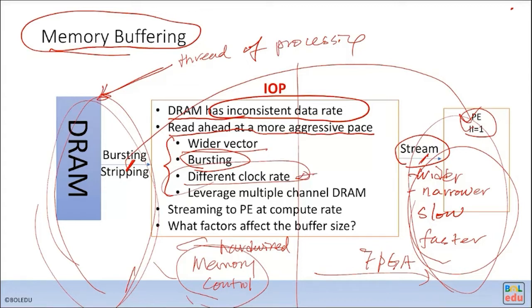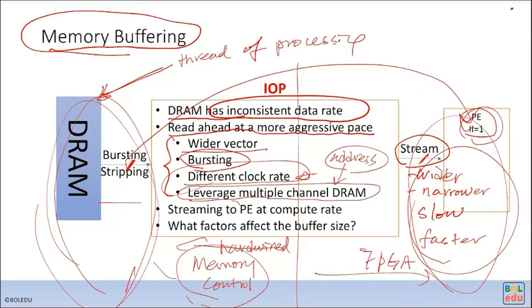Yeah, and here you can leverage multiple channels of DRAM. So the PE side really doesn't need to worry where the data is located. Yeah, and this part does all the address translation, because it can do address interleaving to provide higher bandwidth.